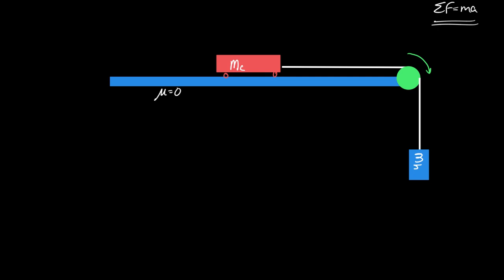But that's different for different masses here. I think we can all agree that this mass is going to accelerate this way, and this mass is going to accelerate that way. I want this to be the positive direction here, and I want this to be the positive direction here. So I will often label a pulley with its positive direction and say that that's the positive direction for all the objects connected by the pulley.